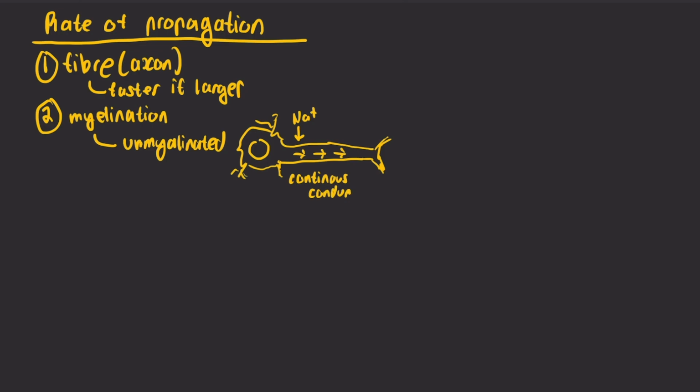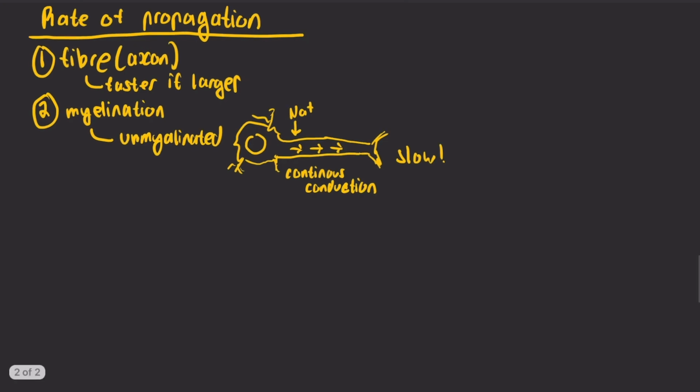So in an unmyelinated neuron, we have a very slow propagation. Okay? The propagation is very slow. Now, if it is myelinated, we are going to have a faster propagation.